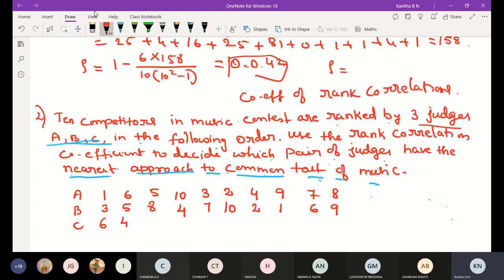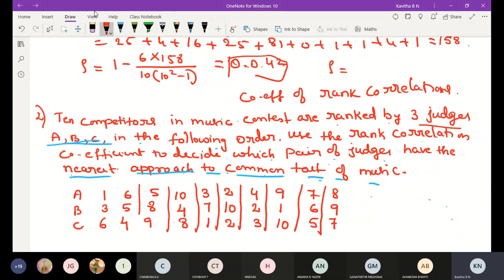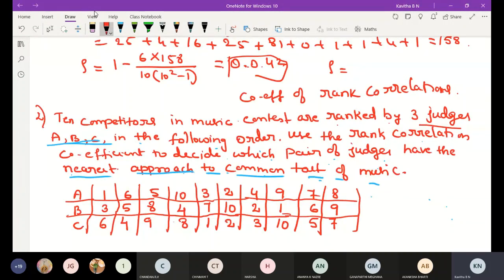C: 6, 4, 9, 8, 1, 2, 3, 10, 5, 7. Write the question.